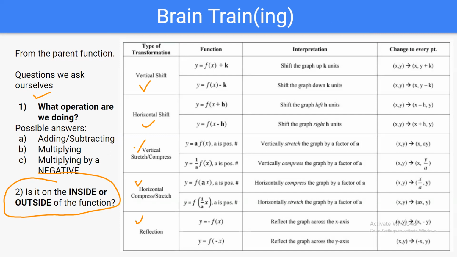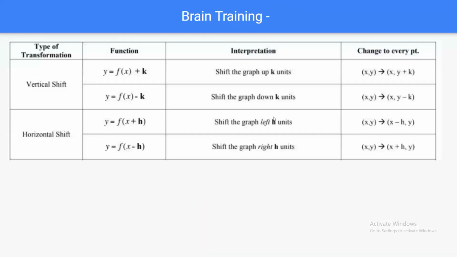So now that we know what type of transformation it is, we're going to dive a little bit deeper and talk about by how much. If it's a vertical shift or a horizontal shift, by how much, and how do I recognize that?